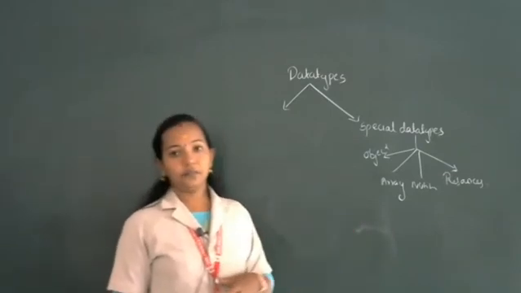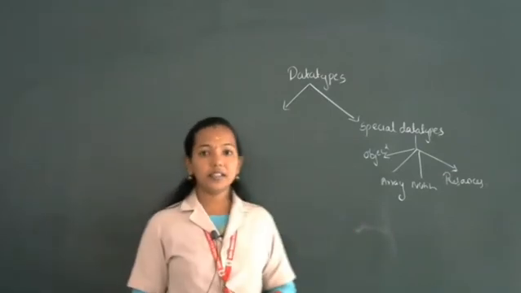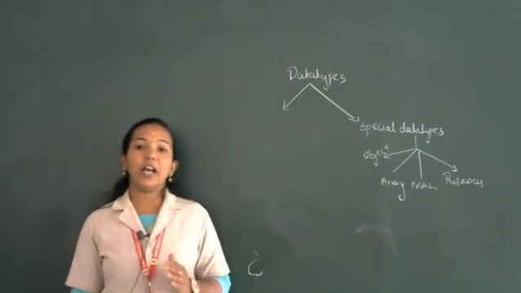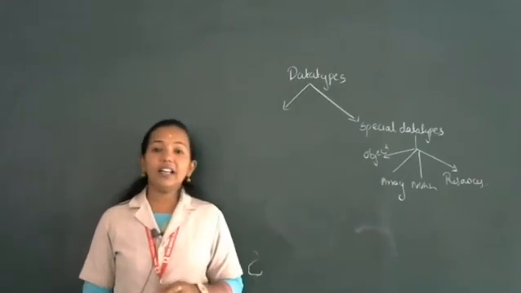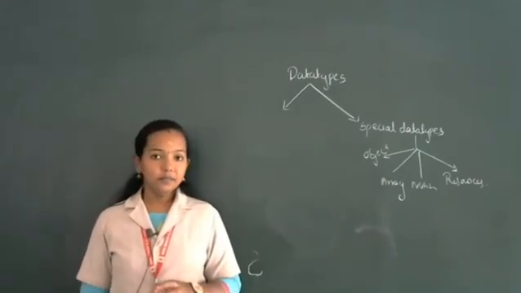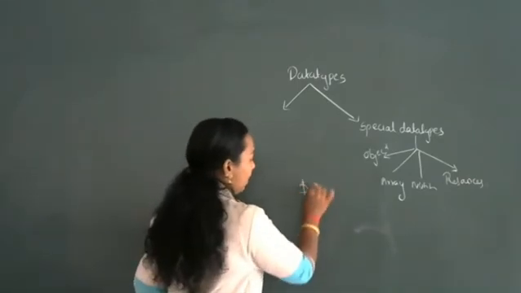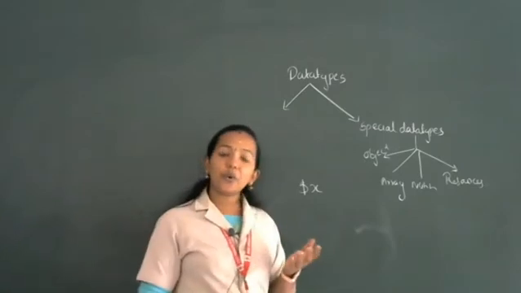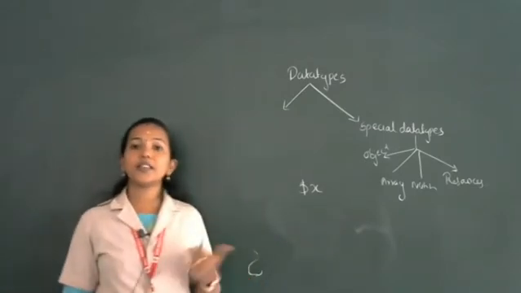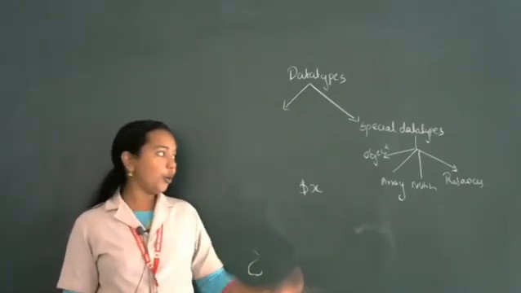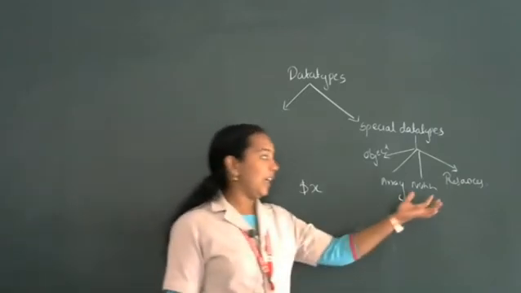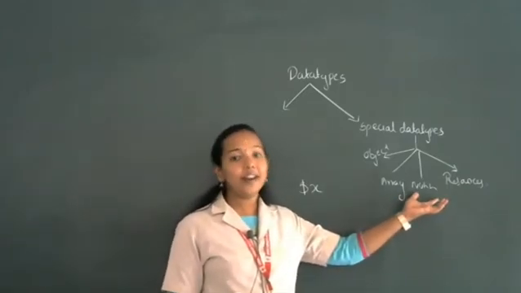Then null. Null is a special value that is only available in PHP. For example, if you declared a variable x but forgot to allocate a value to this variable, then automatically it will be allocated the value null.